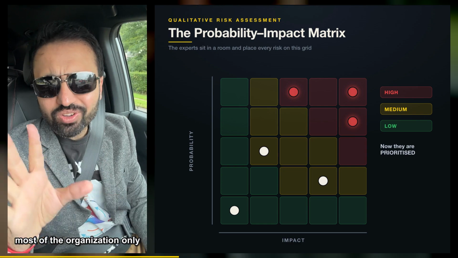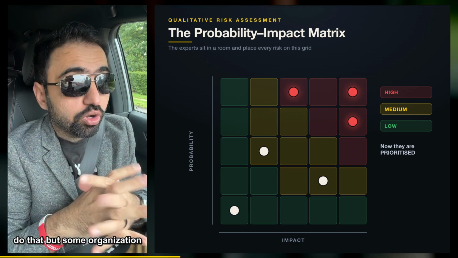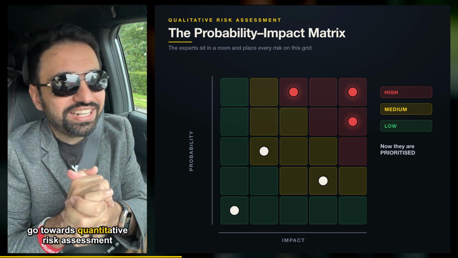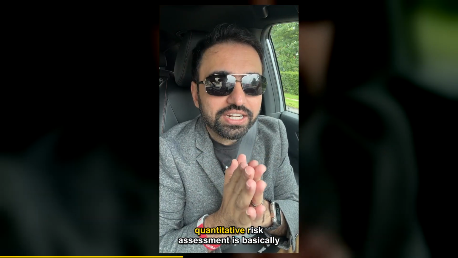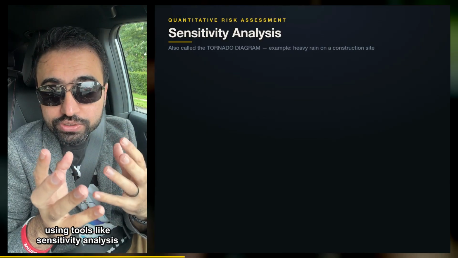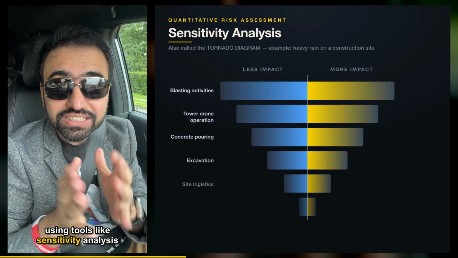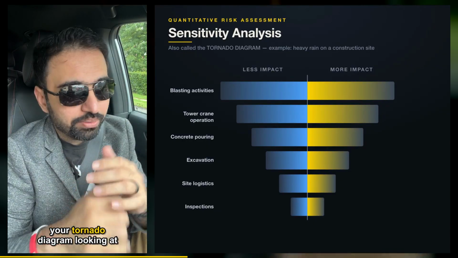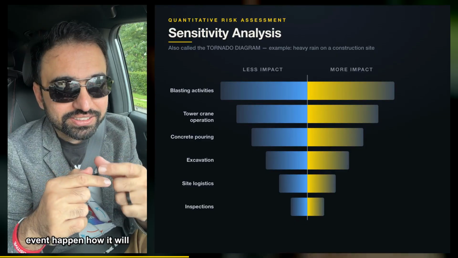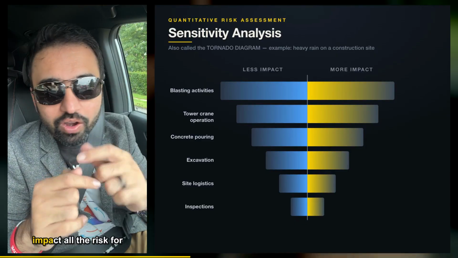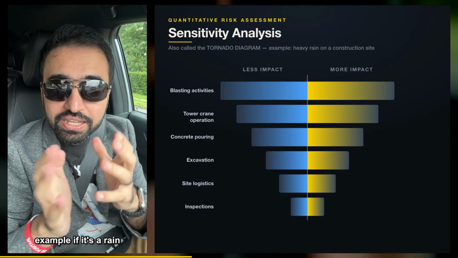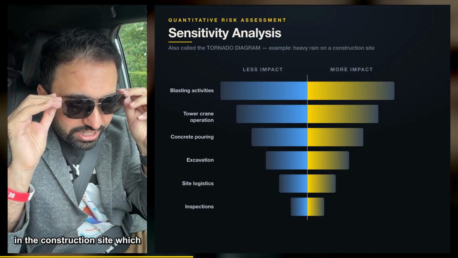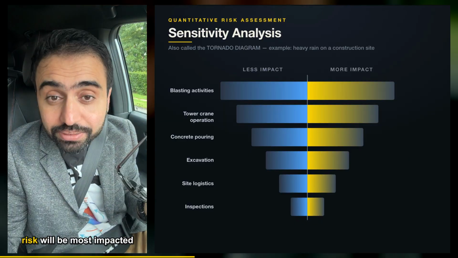Most organizations only do that, but some organizations go towards quantitative risk assessment. Quantitative risk assessment basically uses tools like sensitivity analysis, your tornado diagram, looking at how, if one event happens, it will impact all the risks. For example, if there is rain at the construction site, which activities will be most impacted?